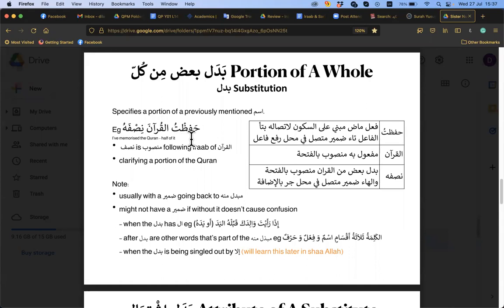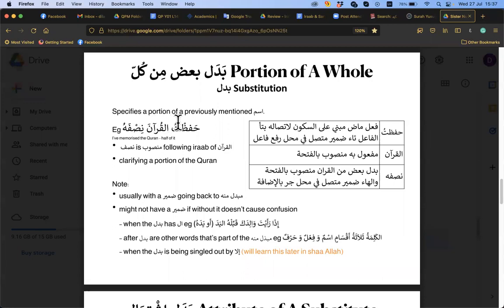Nisfahu is badal ba'd of the word Quran. Al-Quran itself, what is it to this word? Maf'ulun bihi, exactly. So Qur'ana has a fatha, it is nasab, because nisfahu is the badal ba'd of Quran.